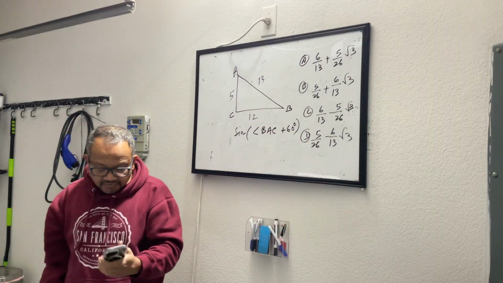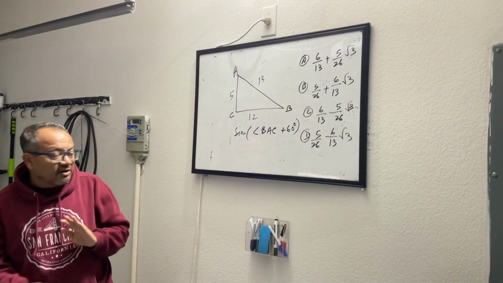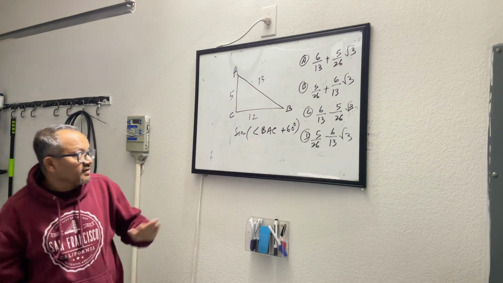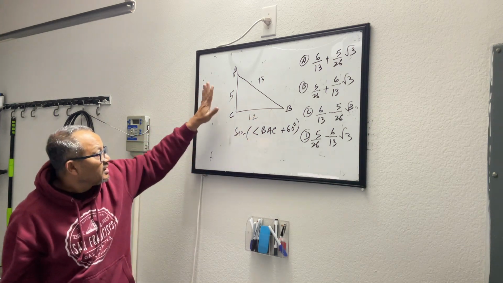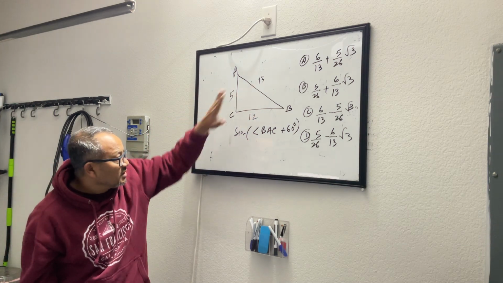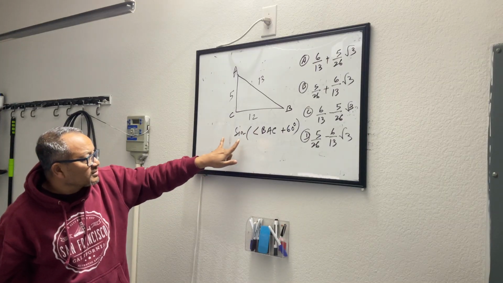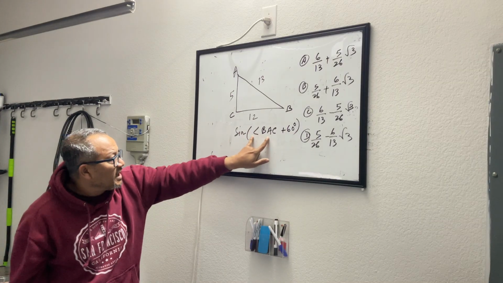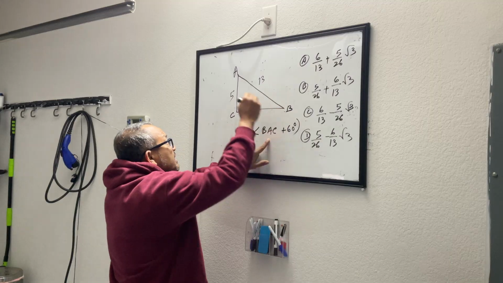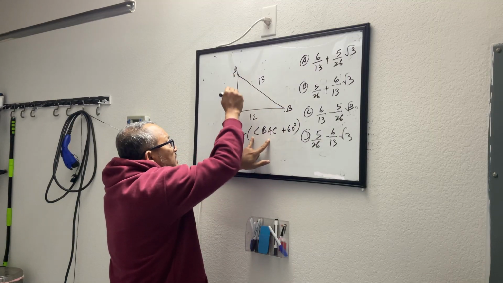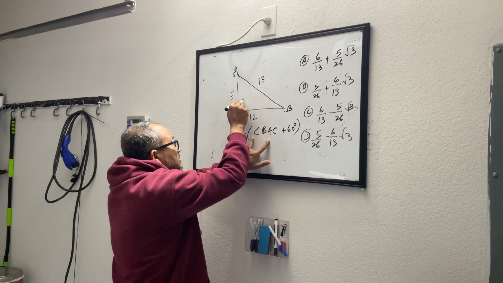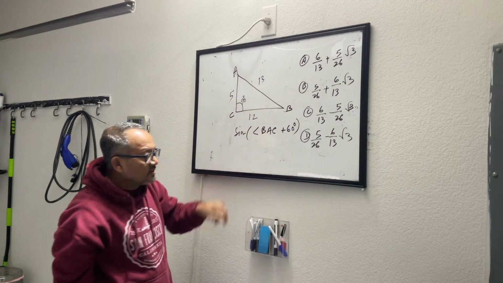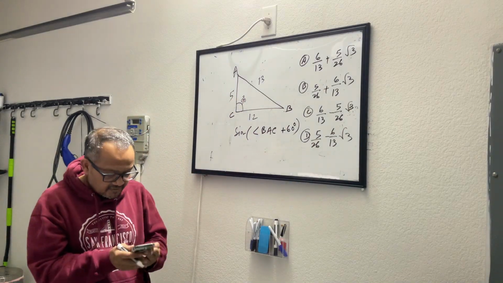So, this question is thankfully not a word problem, meaning it's straightforward. We have a right angle triangle, sides given are 5, 12 and 13, and we have been asked to find the value of sine of angle BAC plus 60 degree. This angle is 90 degree.